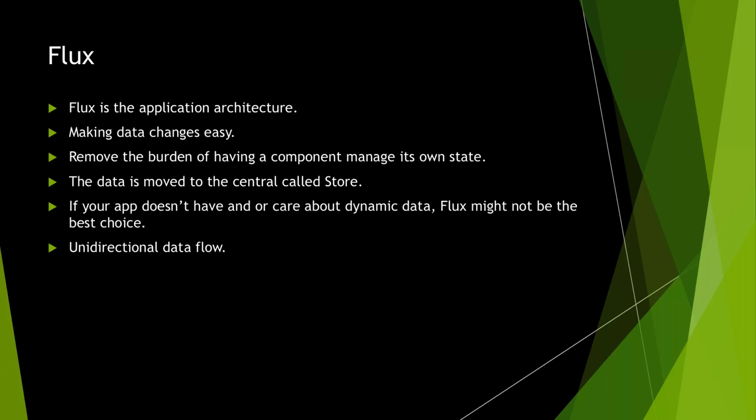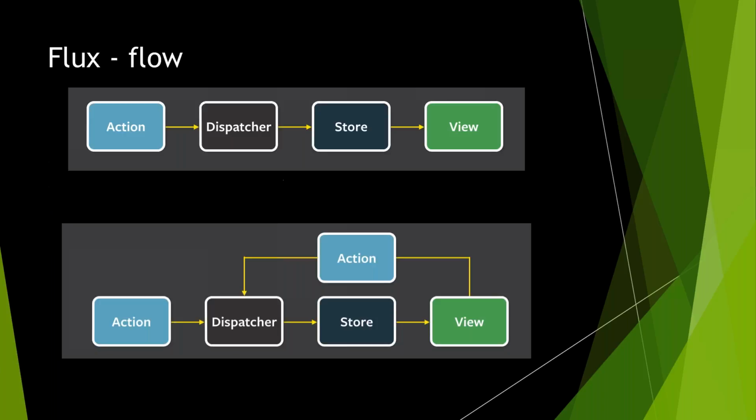This becomes slightly difficult when you have a lot of children or a lot of different components which do not directly interact with each other. In that case, you cannot send data from one component to the other component. There is no current way. So a Flux architecture helps you circumvent this problem.